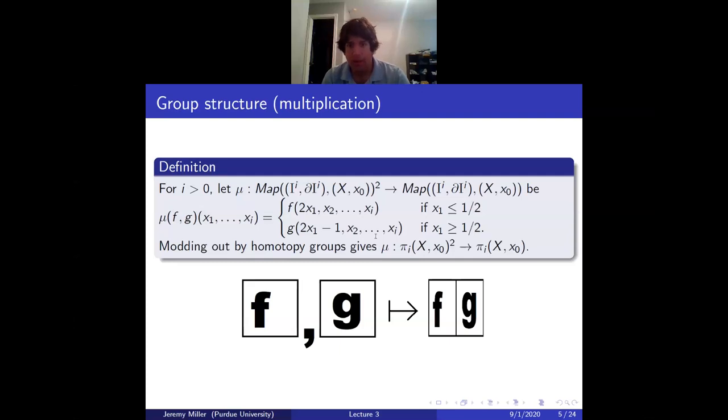Or why don't you put f in the top left corner and g in the bottom right corner? Wouldn't any of those work? And the answer is, I don't actually care. All of these would be perfectly valid ways of defining a group structure on pi 2 of x.